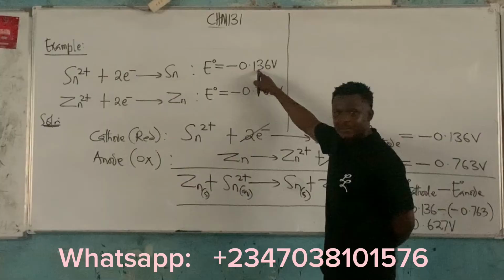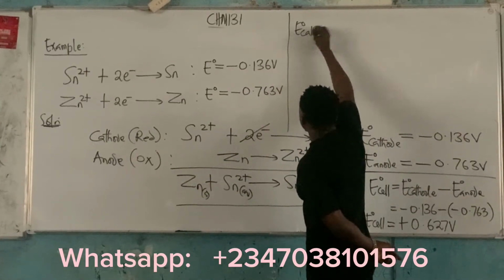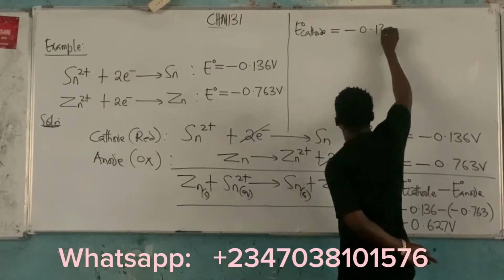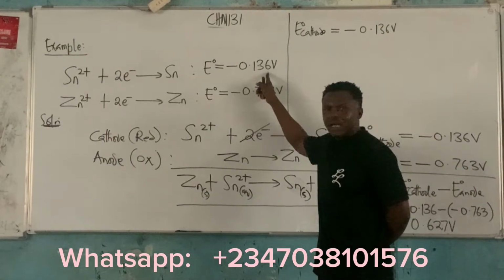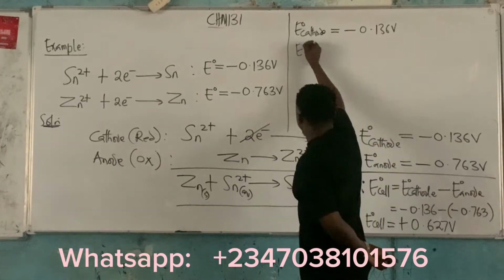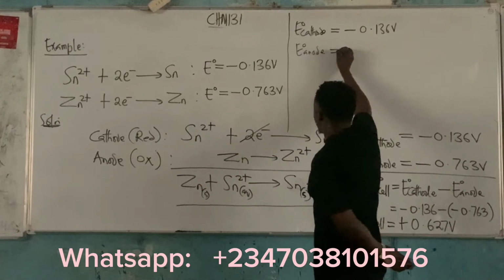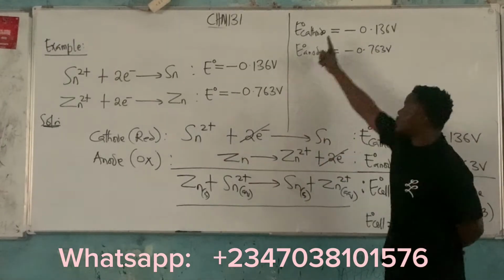The first one back. So I'll say the cathode is minus 0.136. Once I've identified the first one, the other one must be the anode. There's no two ways about it. So I'll now say anode equals minus 0.763. All these things I'm doing, I'm not even going to write this stuff out.